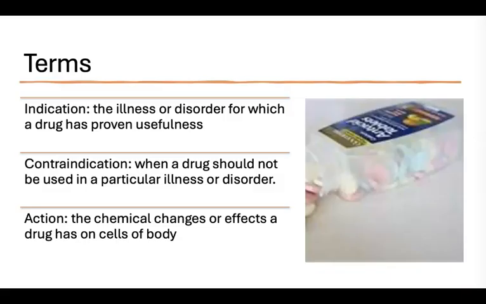contraindication, and this is when a drug should not be used in a particular illness or disorder. So sticking with our nitroglycerin example, let's say we have a patient who is also on some erectile dysfunction medication like sildenafil or Viagra, or tadalafil or Cialis, that actually works by causing vasodilation for those patients.